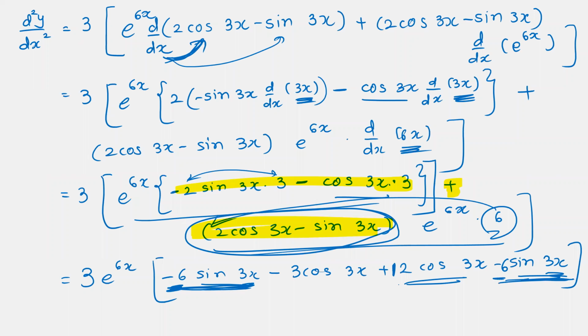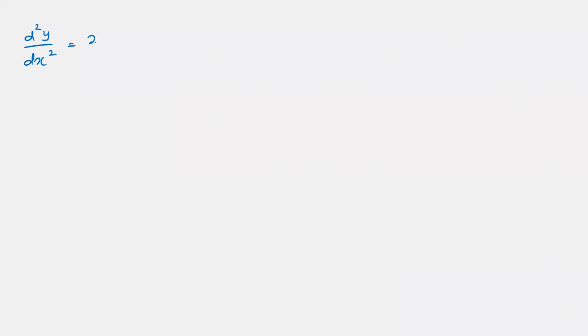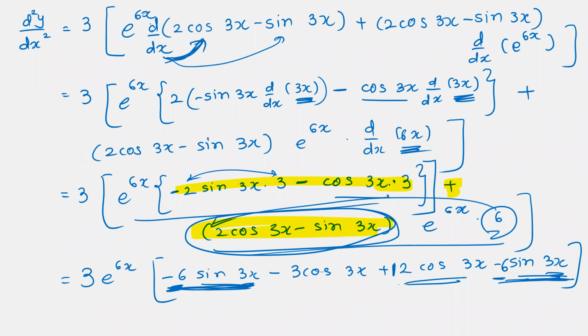So d2y by dx2 is equal to 3 into e to the power 6x. Then minus 6 sin 3x and minus 6 sin 3x, it's minus 12 sin 3x.